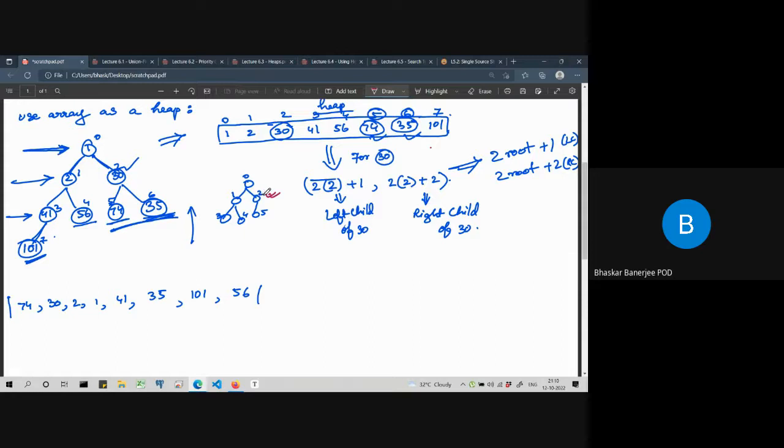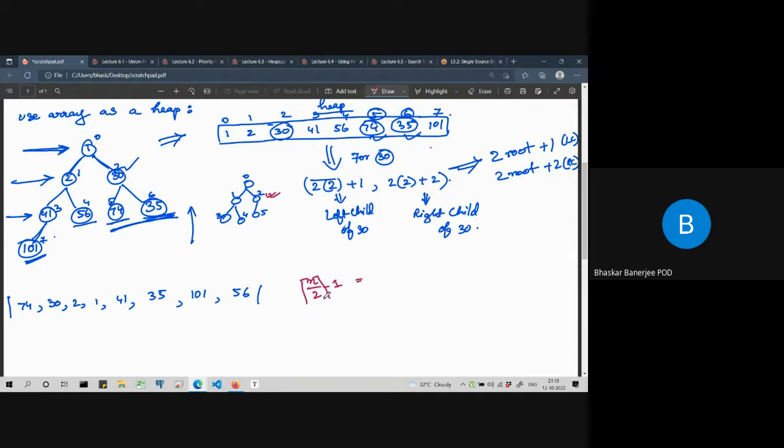Now, the observation that you need to make is what happens if you do n by 2. We have to do some minus 1 adjustment over here. Let me just check. If you do n by 2 minus 1, N is the number of nodes.